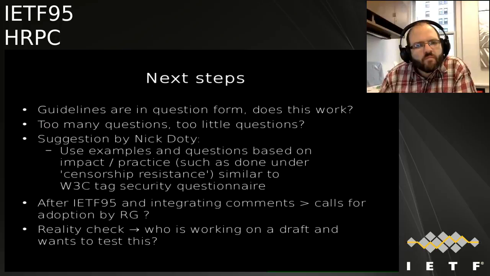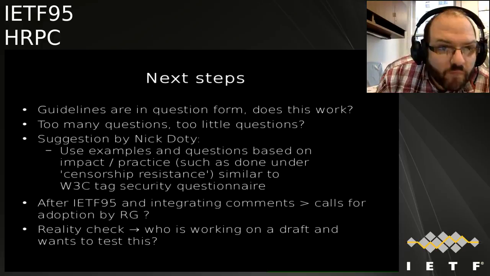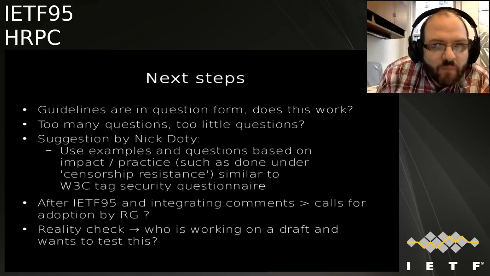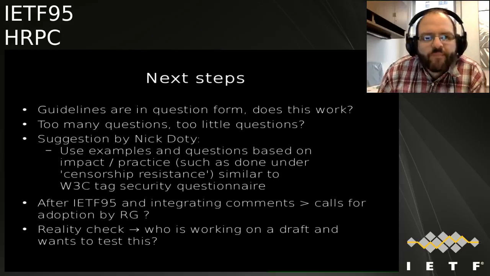So this is something that would probably have to happen for all of the questions that are there now. There's still a lot of room for improvement. And on which note, it would also be really great if we could check this in the wild. If there's somebody who is working on a draft who thinks, well, this is an interesting exercise, I have some spare time, I'll try and see what happens if I try to answer these questions with my draft. And then I come to the last point, or the last question.